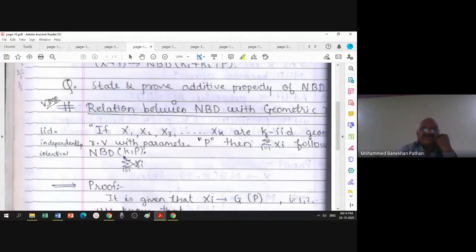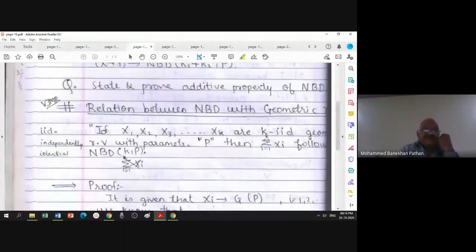We'll try to establish the relation mathematically, by using geometric random variables to develop the negative binomial distribution. Let us see the statement.